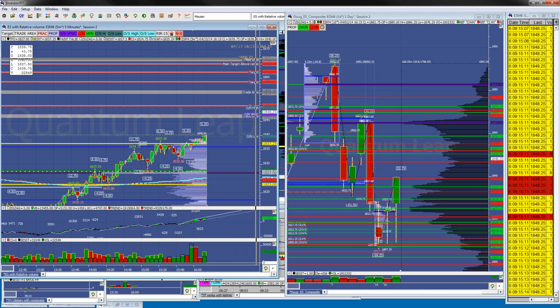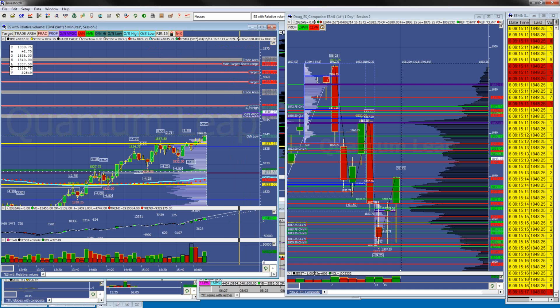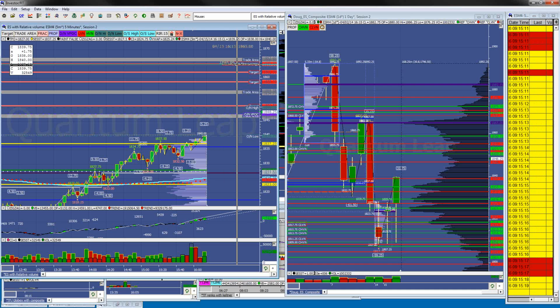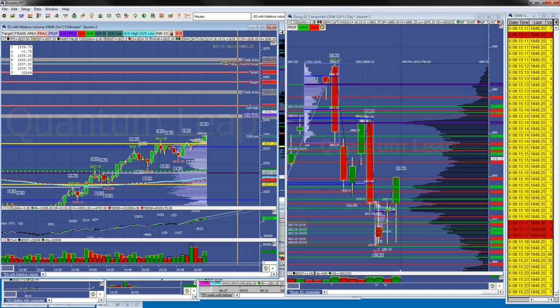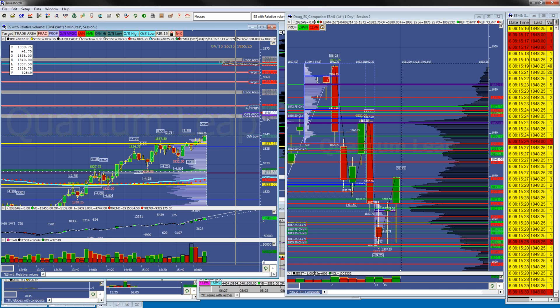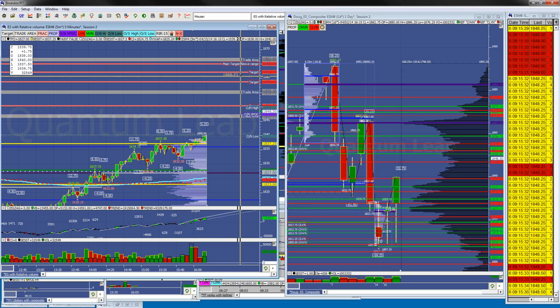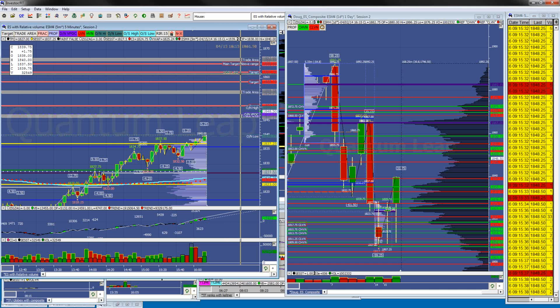I'd expect, and just to clarify, if we get up to 65 today on a strong push, then I'd make sure you get scaled out, but I would even look to take the reaction off of that, because we're likely to see some sellers step in, and you'll probably get a rotation back down to 62.25 off of that 65.